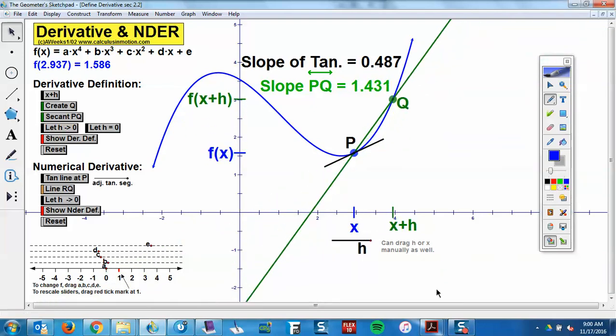What's different about this picture? What was this yesterday? With this A? What was this one? A plus h. Right. That's it. That's the only thing that's different.